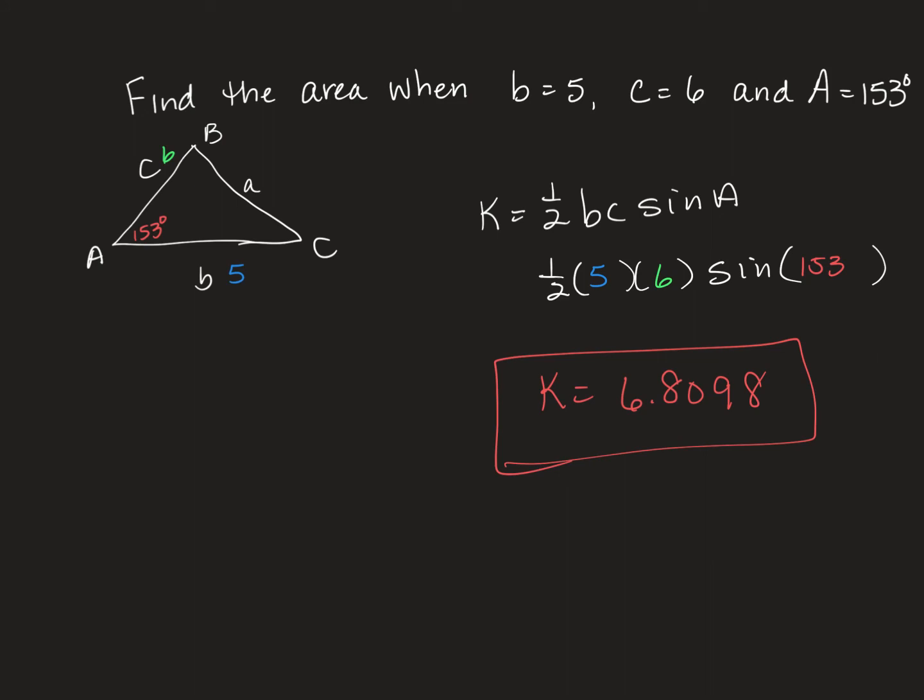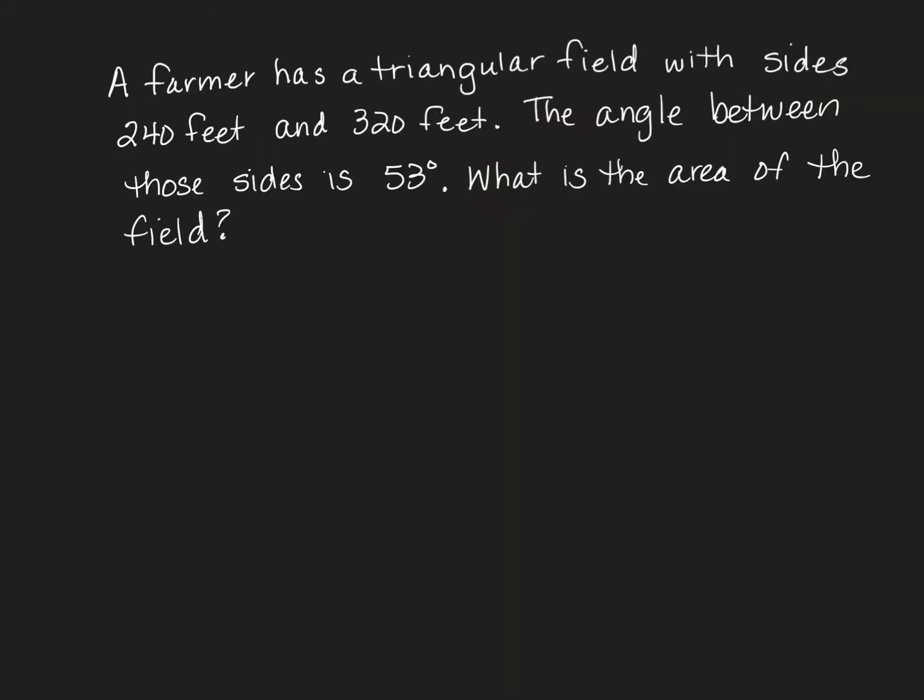Okay? Sometimes I need to know the area formula to do word problems. Or you need the law of sines to do word problems. So let's see what this one is. It says a farmer has a triangular field with sides 240, 320, and the angle between those sides is 53. What's the area of the field? So the first thing I want to do is identify my information.